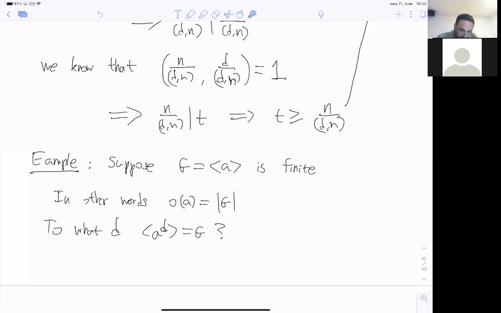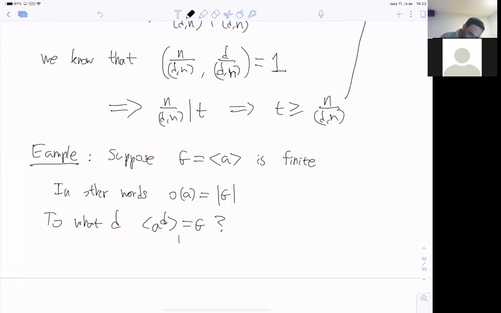I mean, of course, for d equal to 1, it is given. And I'm asking myself, to what d will this still be maybe another generator of G?